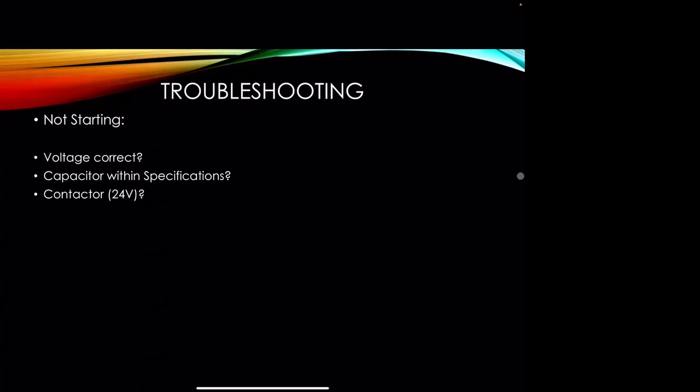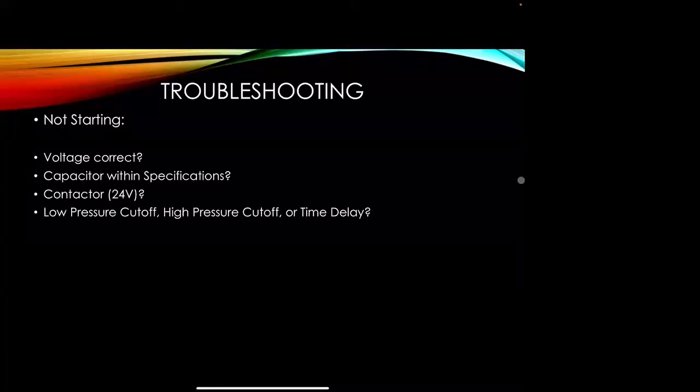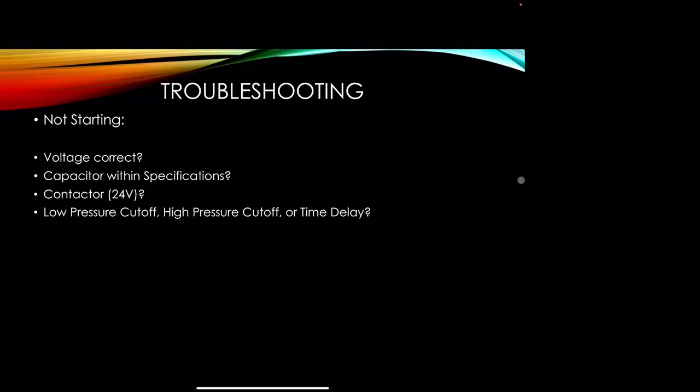Contactor, does it have 24 volts to it? Does it have a call from the thermostat? Low pressure cutoff. So at that point, you've checked all these things, the capacitor is within specifications, I've got high voltage, but we've got low voltage at the contactor.